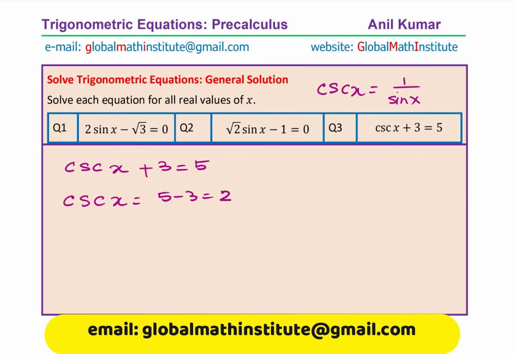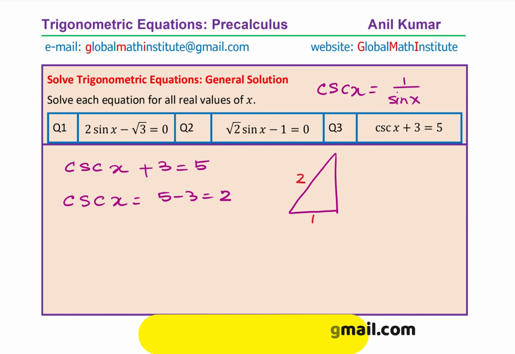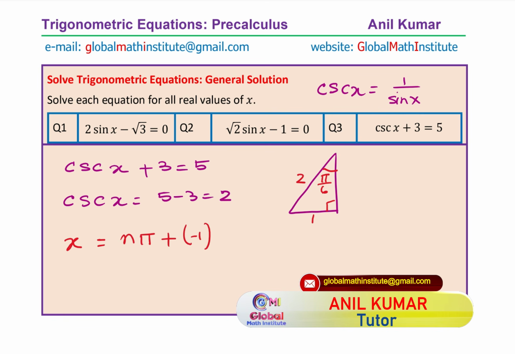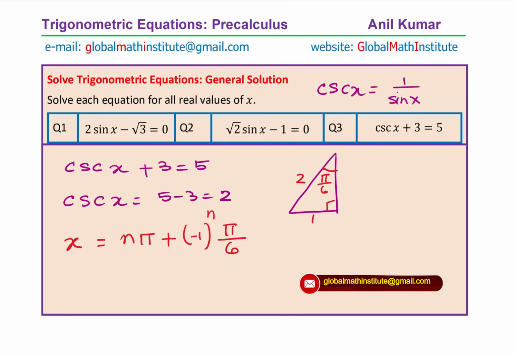Now, since cosecant x is 2, the special triangle is 2 over 1, and the angle will be pi by 6, correct? And therefore, the solution for x should be what? Well, solution of x will be n pi plus minus 1 to the power of n times pi by 6. Makes sense? So that is how we are going to solve it.